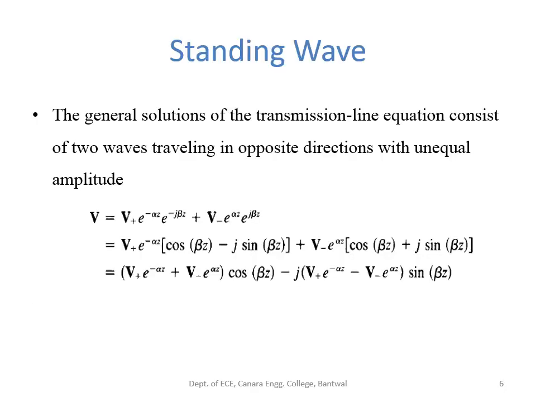Standing wave. The general solutions of the transmission line equation consist of two waves traveling in opposite directions with unequal amplitude. A wave is transmitted into one end of a transmission line and another wave is reflected from the other end, traveling in the opposite direction.